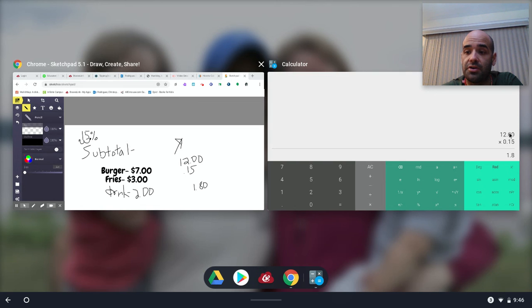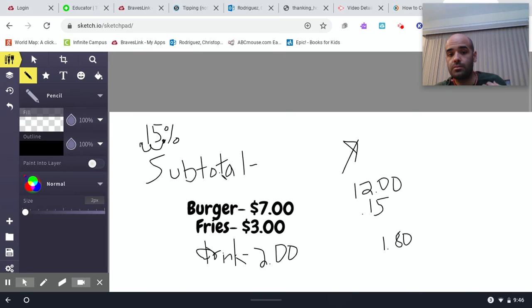I did 12.00 times 0.15, and I got my answer of 1.8. I added that extra place, so 1.80, to give me $1.80 for a 15% tip. That is how you do a 15% tip.